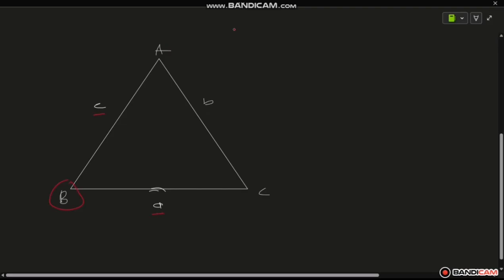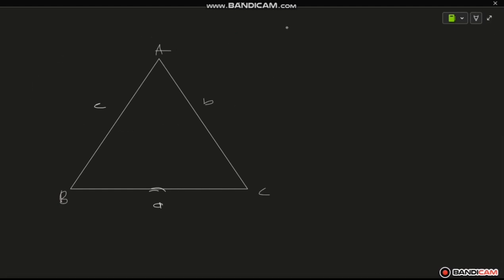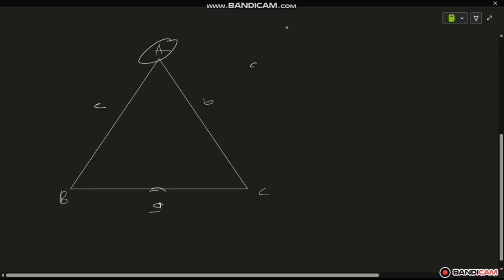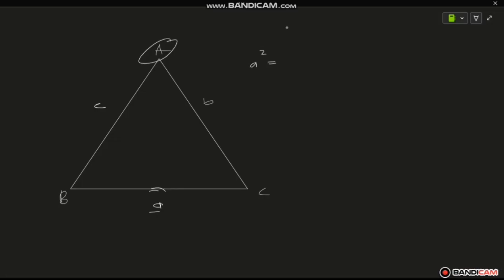Sides B and C also form the included angle A, so we're going to use the sides that form angle A. It will be a squared, the side opposite angle A, equals b squared plus c squared minus bc cos of the included angle formed by b and c, which is A.